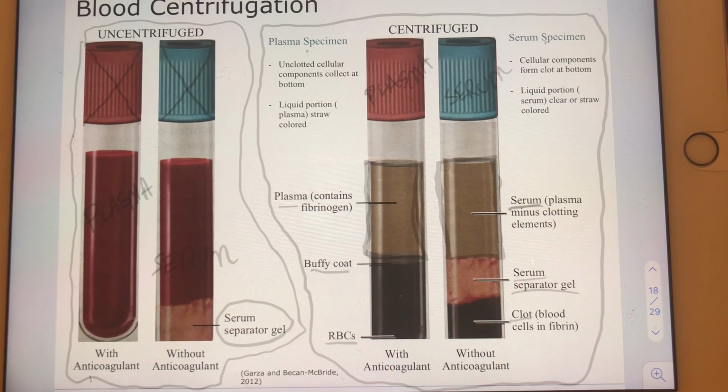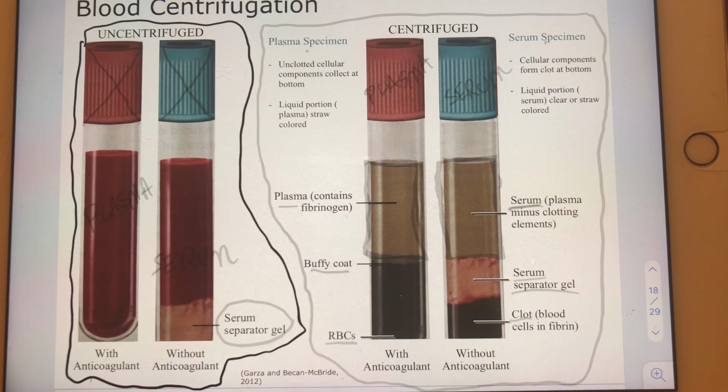So bear with me. On this side of the slide, this is before we centrifuge. We've drawn the blood into a test tube. This particular test tube, the one with the red cap, has anticoagulant already in it.